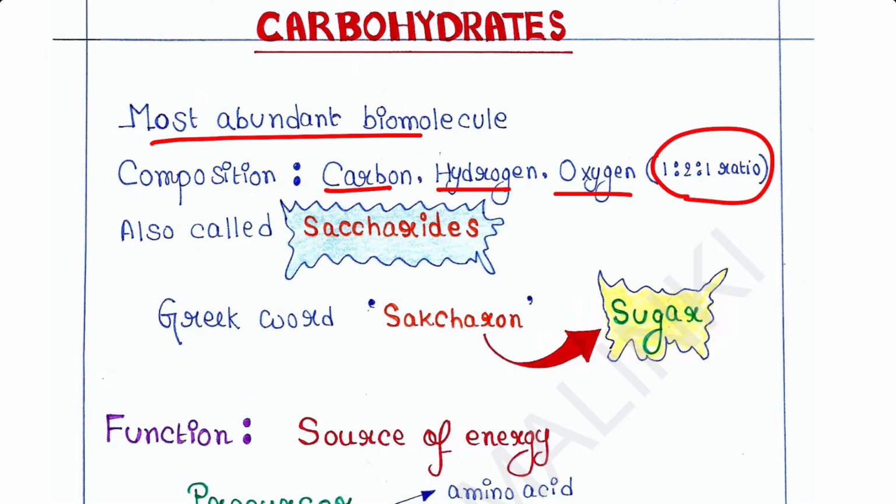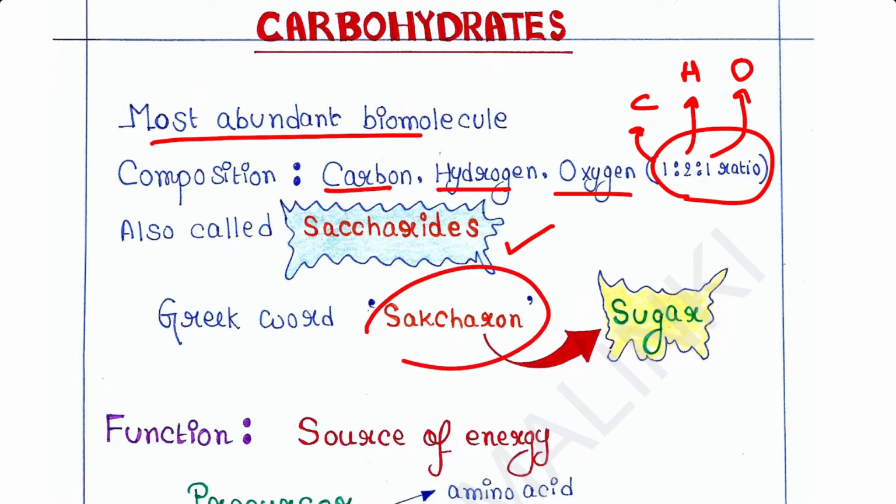That means 1 carbon, 2 hydrogen and 1 oxygen. Carbohydrates are also referred to as saccharides. It arises from the Greek word saccharin, which means sugar.